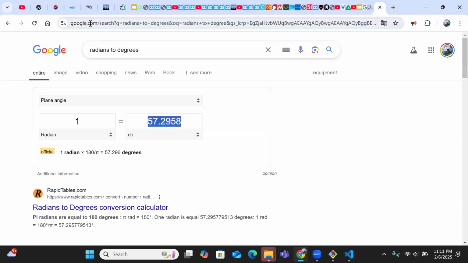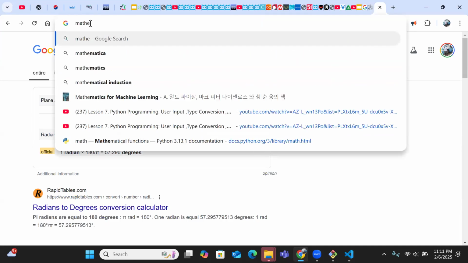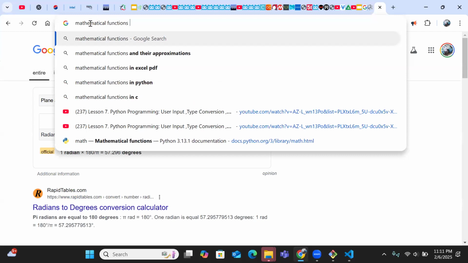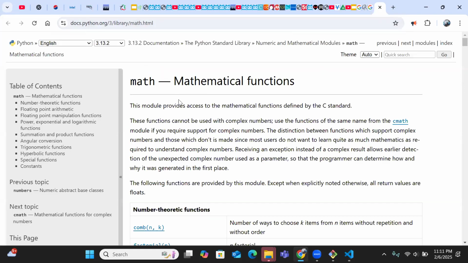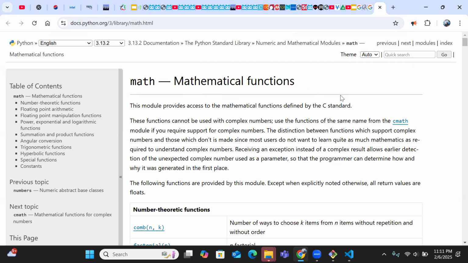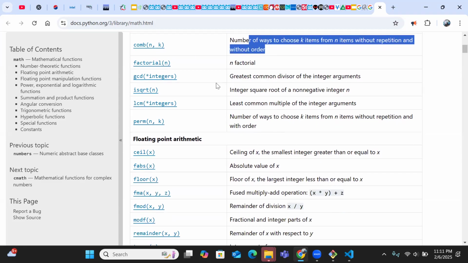If you are stuck and want to check, you can search mathematical functions Python, and it will give you the Python documentation. It will give you ways to choose k items without repetition, order, combination, factorial.